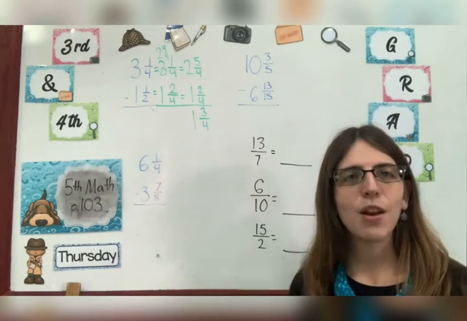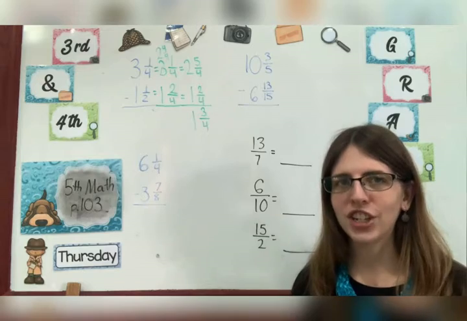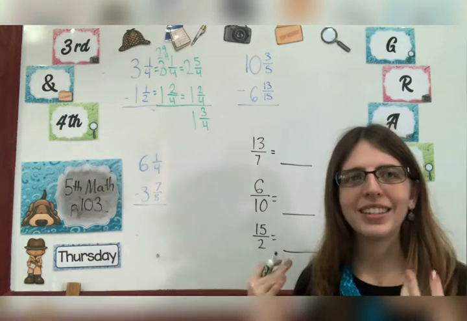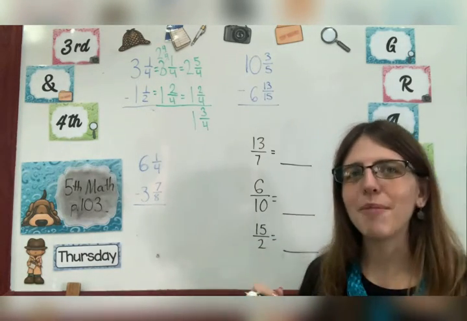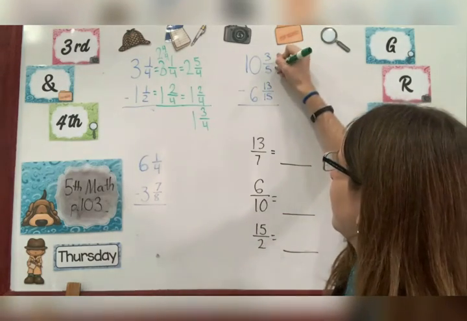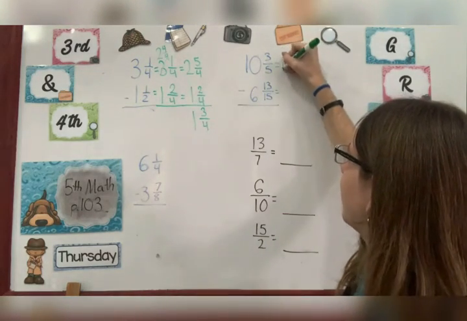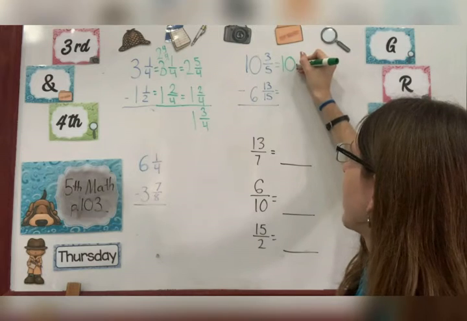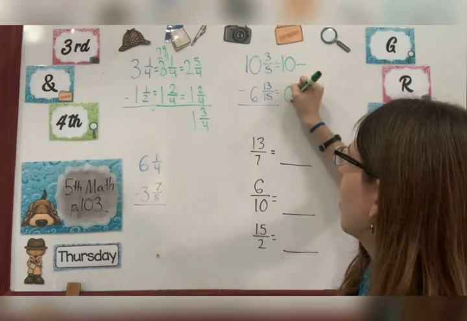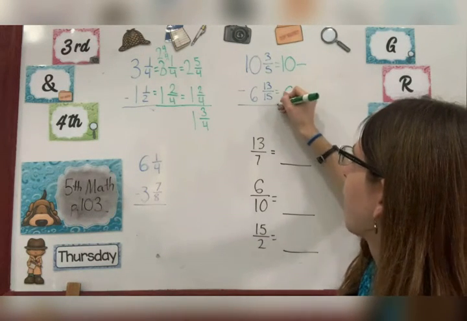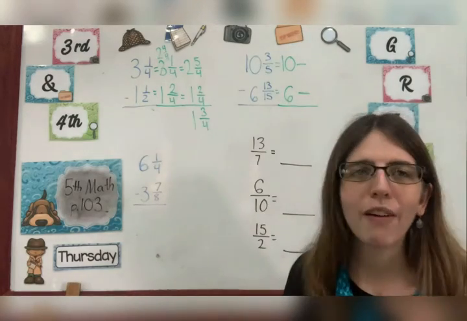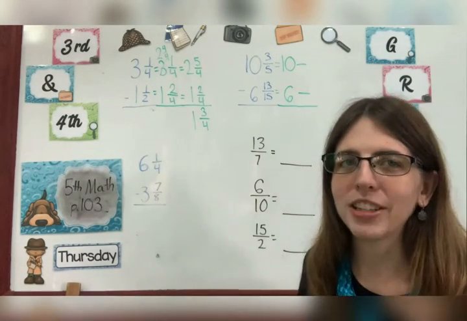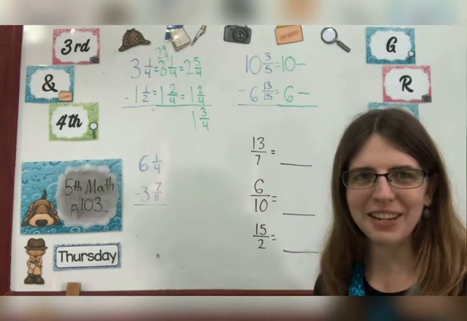Okay, once again, we need to change our fractions because we can't keep going until those fractions have the same denominator. So I'm going to write my equal sign, bring over my 10 and my new fraction bar, my 6 and my new fraction bar. All right, what is the least common multiple of 5 and 15?